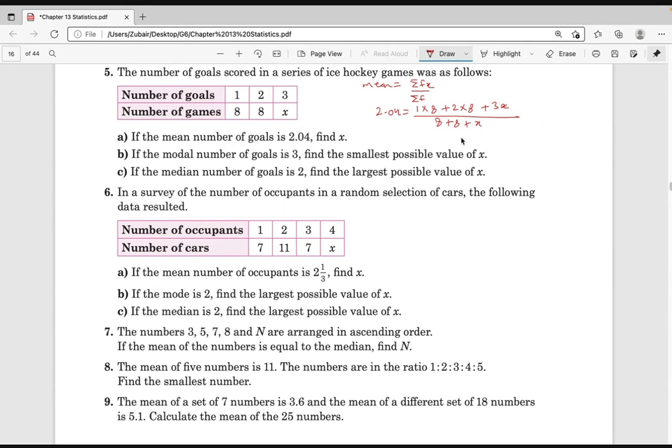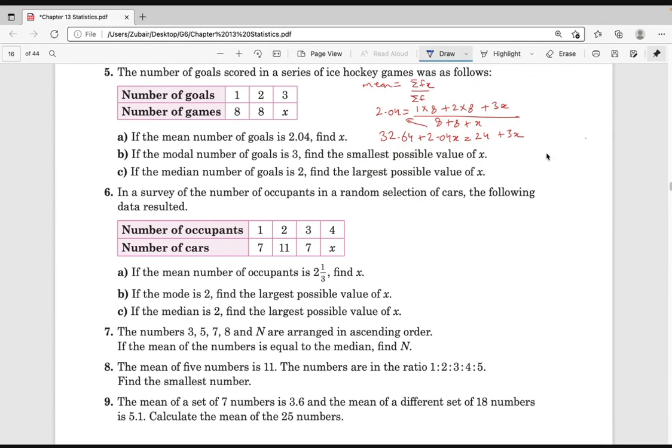When we multiply this denominator over there, that is 2.04 into 16, gives me 32.64 plus 2.04x, and on the right hand side, 2 times 8 is 16, plus 8 is 24, plus 3x.